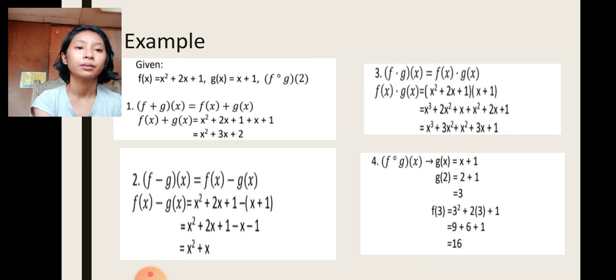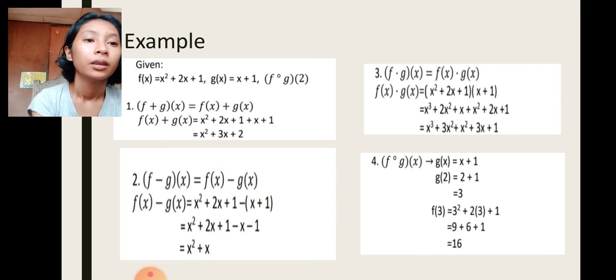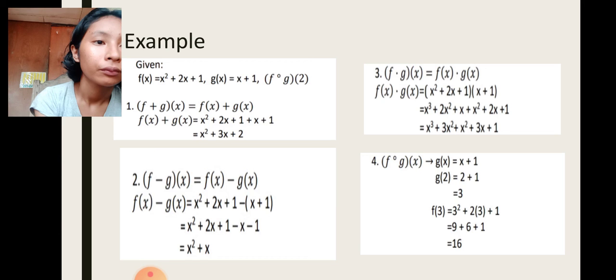Combining like terms, our answer is x cubed plus 3x squared plus 3x plus 1.